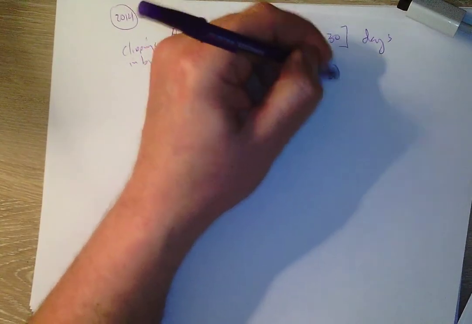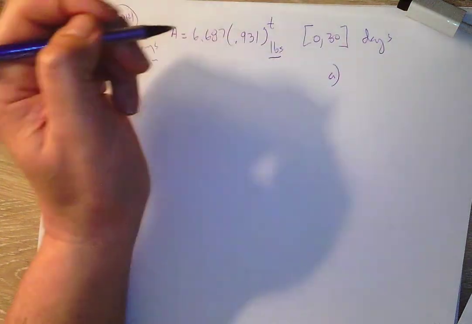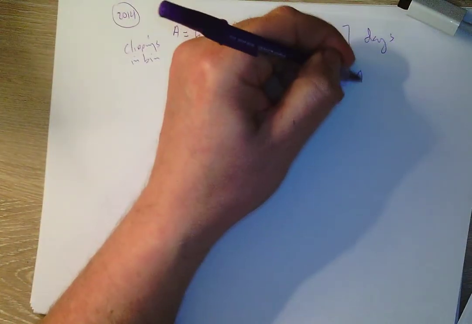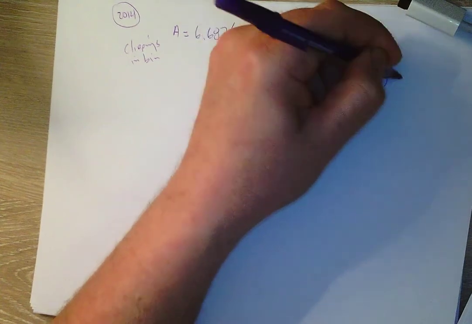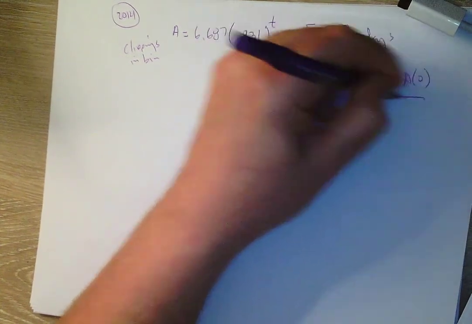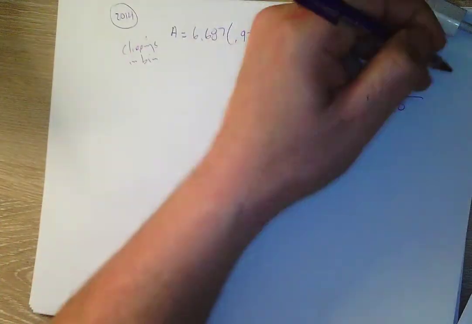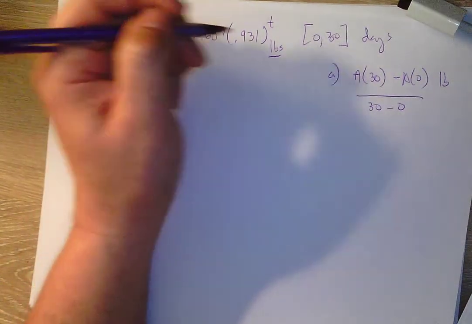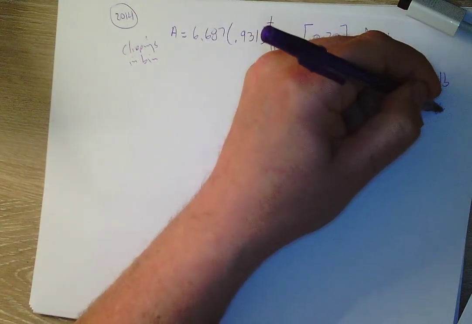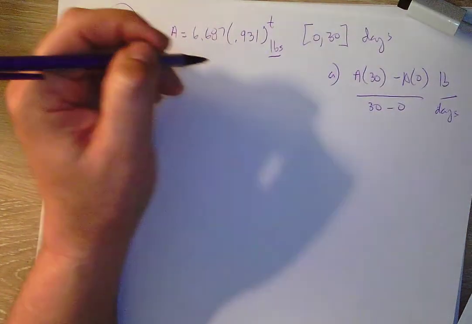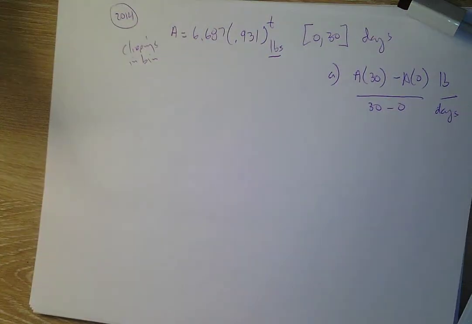Okay, so for part A, I'm looking for the average rate of change in A. I want A of 30 minus A of 0 over 30 minus 0. Remember, the units here for A were pounds, and the units on time were days, so our answer is going to be pounds per day.